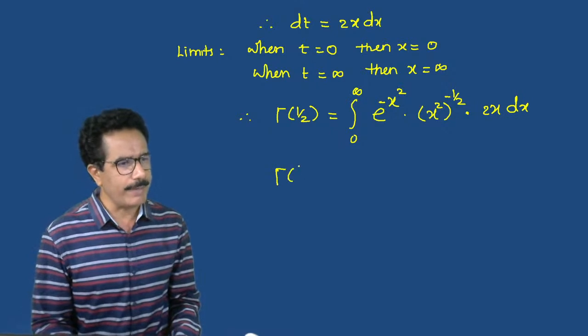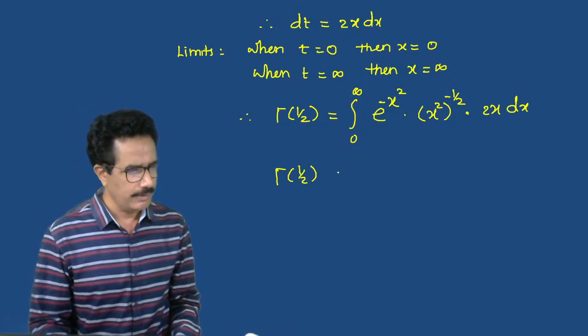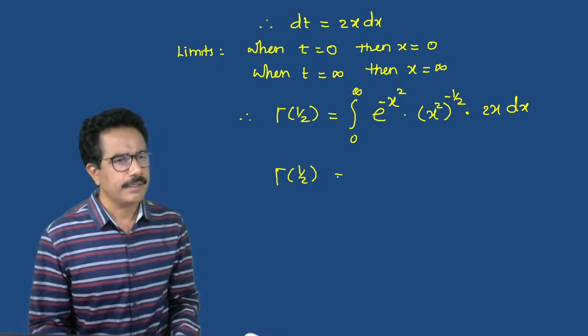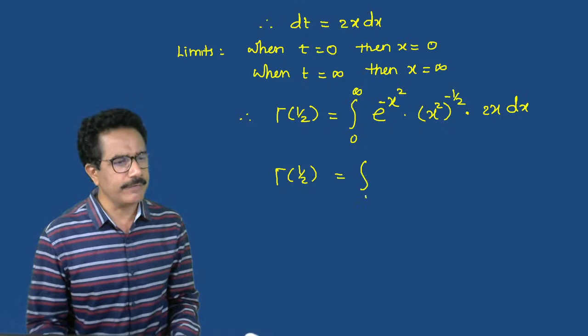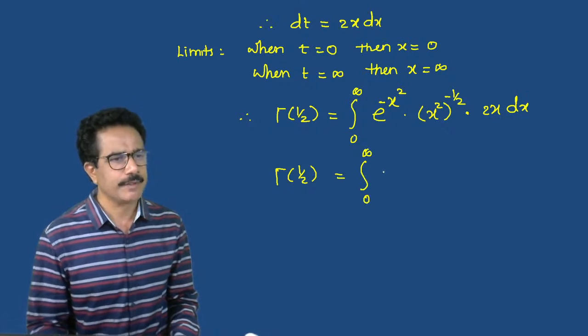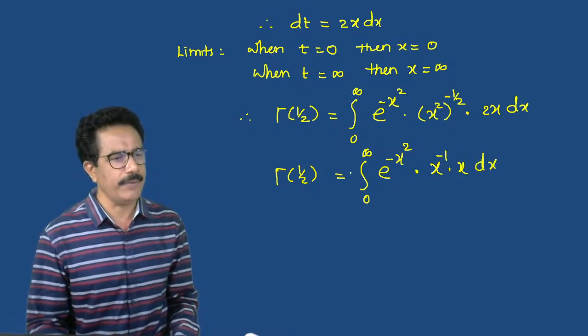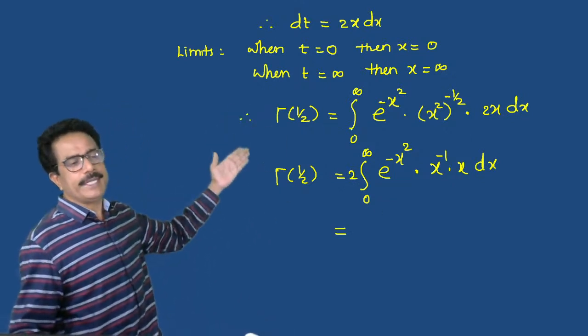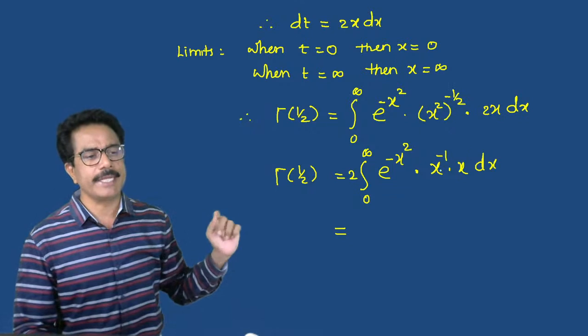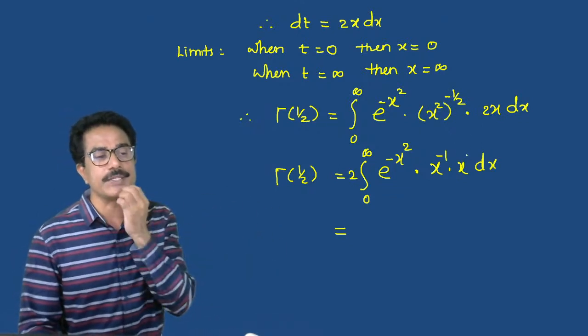So gamma 1 by 2, which will be, काय तर पहा, integral from 0 to infinity e raised to minus x square into x raised to minus 1 into x into dx, and we can take these two out of integral. 2 will get cancelled, x raised to minus 1 into x raised to 1.